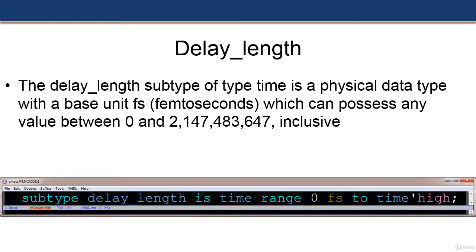The STD library also defines a subtype of time called delay length, which can possess anywhere from 0 to 2,147,000,000 and so on femtoseconds.